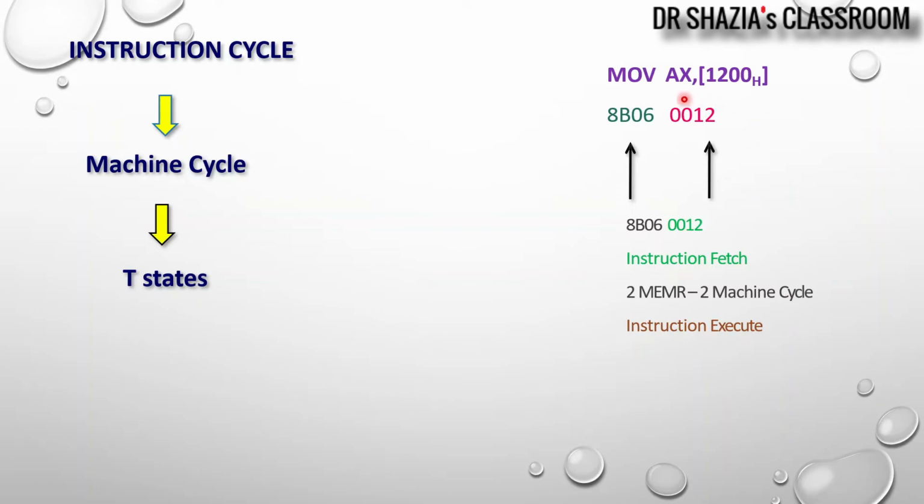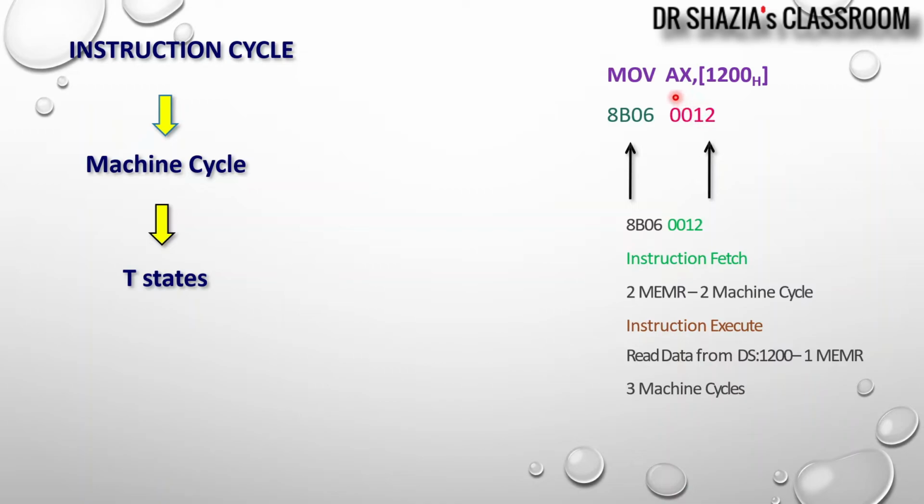The size of data I am going to fetch in this case is 16-bit, because AX is a 16-bit register. I am going to access two memory locations and fetch 16 bits of data and copy it onto the AX register. So instruction execute will require one bus cycle or one machine cycle, and the type of machine cycle in this case is that the operand will be fetched or read from the memory. So it is a memory read operation. Next comes the store operation.